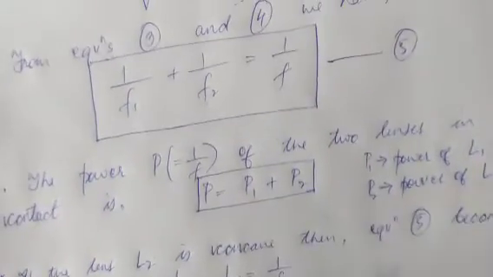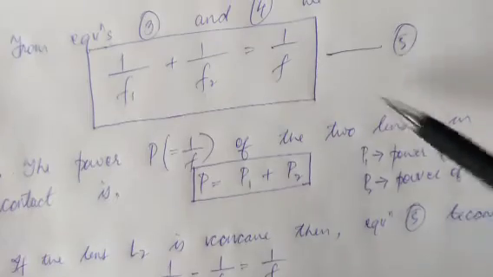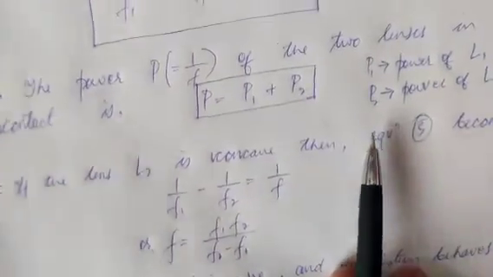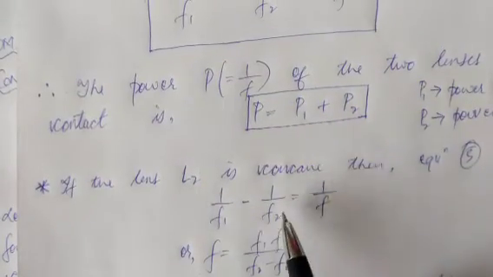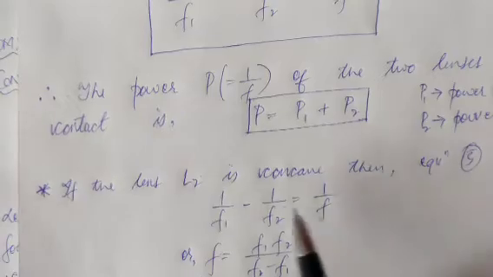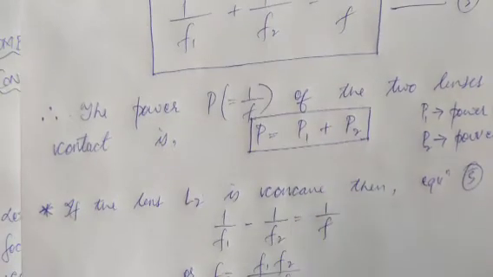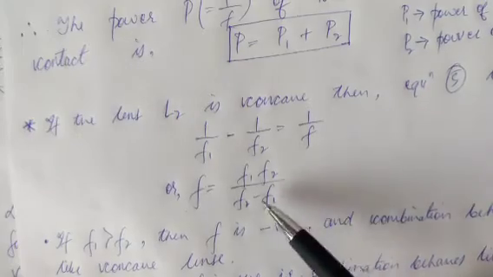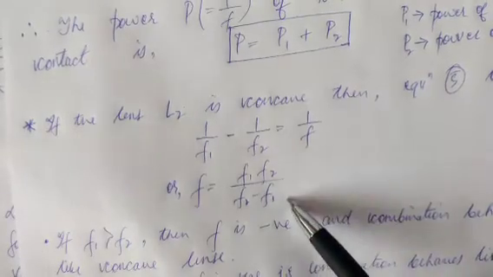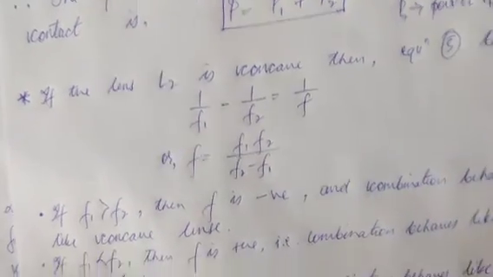So therefore, this equation becomes 1 by f1 minus 1 by f2 is equal to 1 by f. The focal length of the second lens is negative. So we get f is f1 f2 divided by f2 minus f1. You can check the mathematics, simple mathematics.